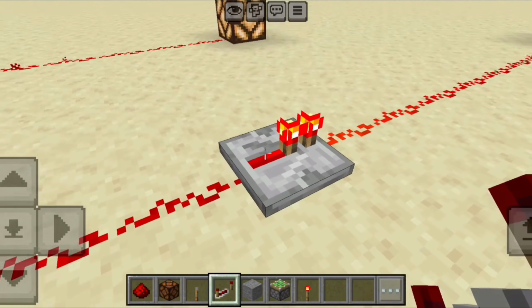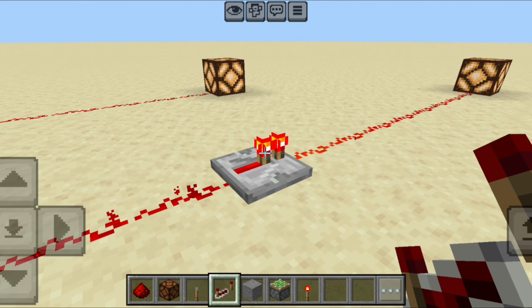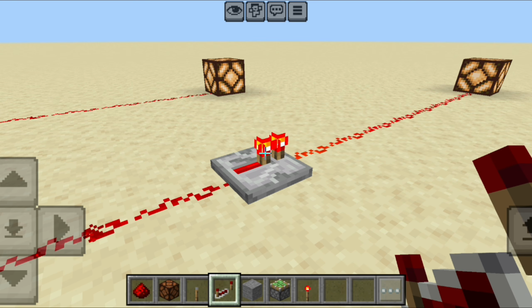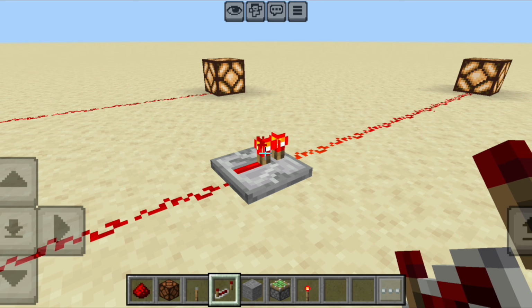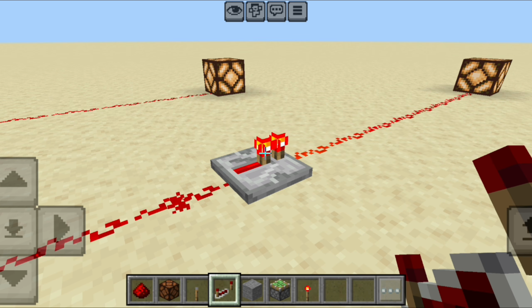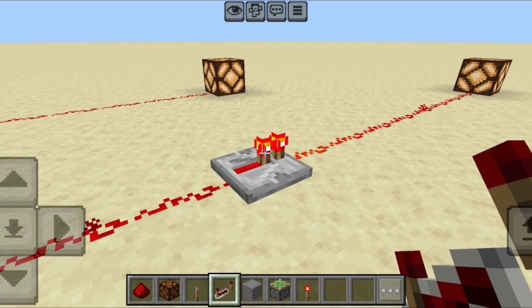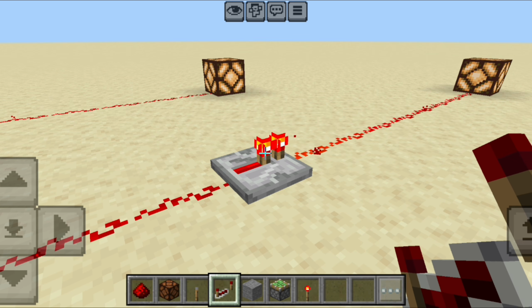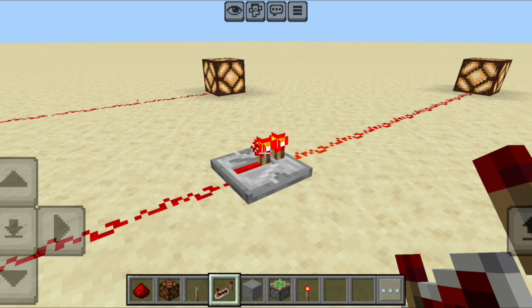So this redstone repeater is actually a diode in real life. A diode is nothing but a component that pushes electricity in only one direction.